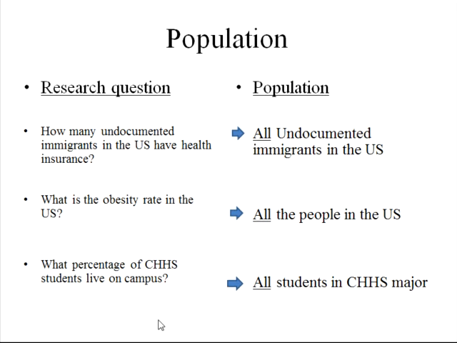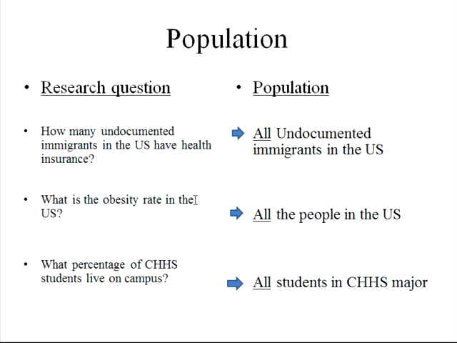Let's say we have a research question that states how many undocumented immigrants in the US have health insurance. In that case, the population, or the aggregation of all elements that we want to study, is composed of all undocumented immigrants in the US.